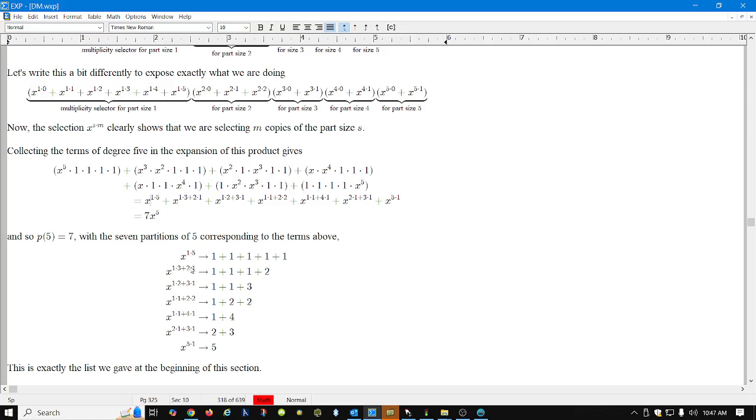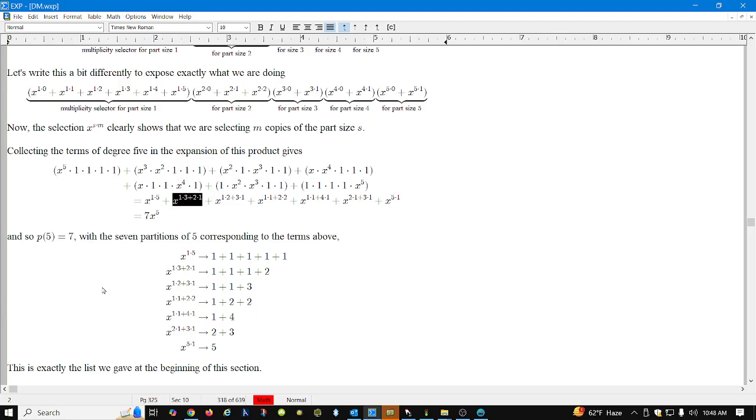The second one here, this is 3 copies of 1 and 1 copy of 2. One more. This one is 2 copies of 1, 1 copy of 3. So we get the actual partitions. And we know there are 7 of them.